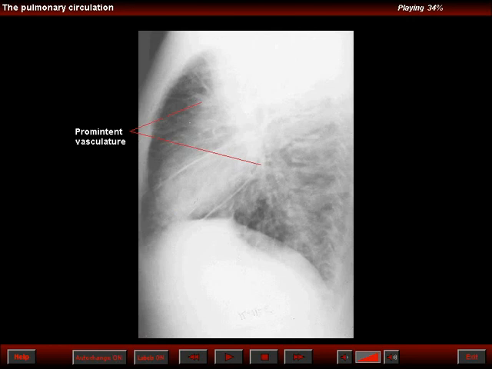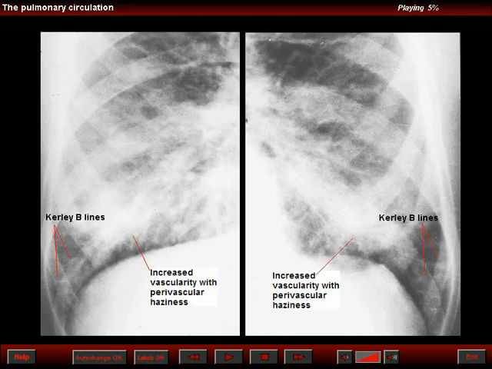A lateral chest roentgenogram showed the prominence of the pulmonary vasculature, particularly in the central portion of the lung. This is a close-up of the right base where we can see the increased vascularity and the presence of septal lines. Perivascular haziness was also apparent.